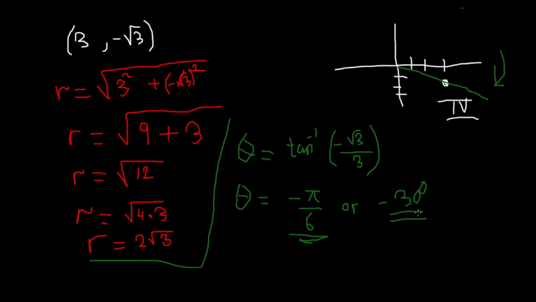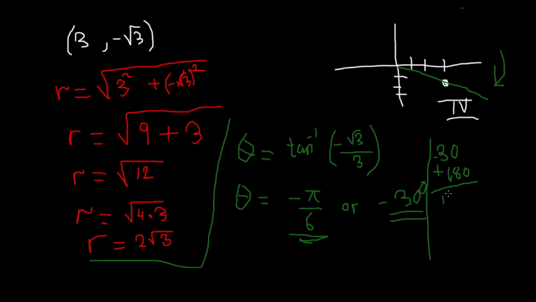But what if you want your theta to be positive? As I said, add 180 degrees. So negative 30 degrees, add 180 degrees.